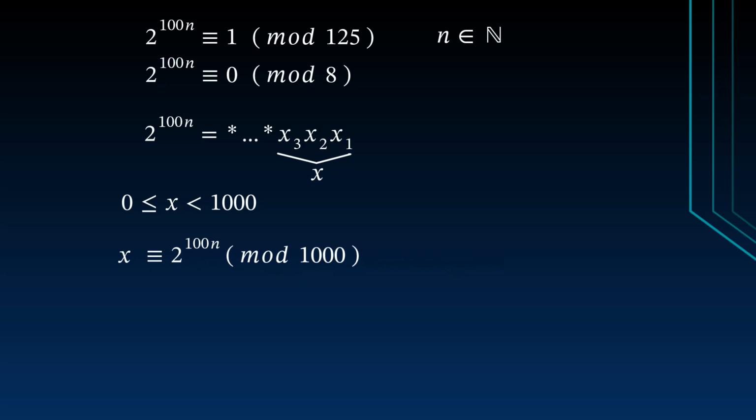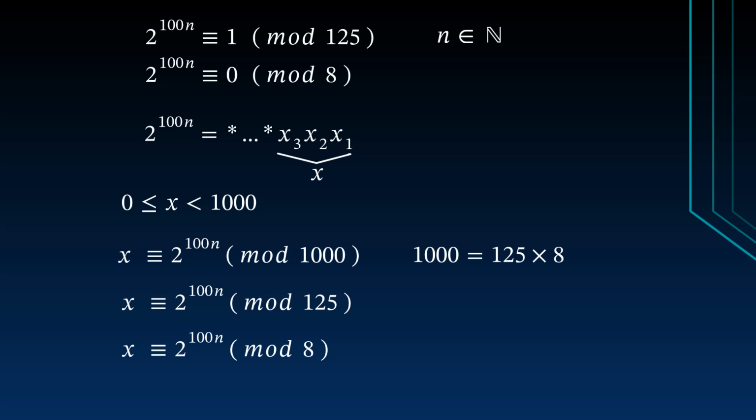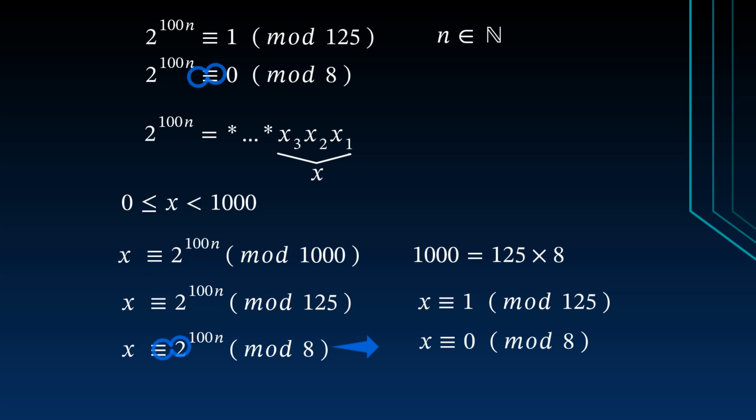This means that x is congruent to 2 to the power of 100n modulo 1000. But 1000 is 125 times 8. And since 1000 is a multiple of both of them, we can replace modulo 1000 with modulo 125 and modulo 8. From the last two equations and equations above, we can conclude that x is congruent to 1 modulo 125 and at the same time congruent to 0 modulo 8.